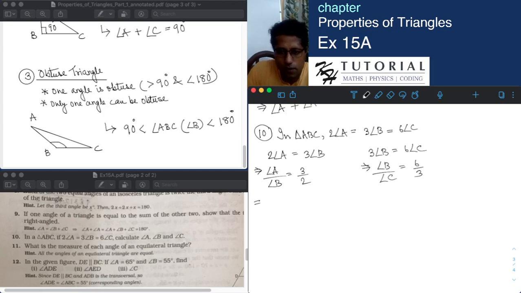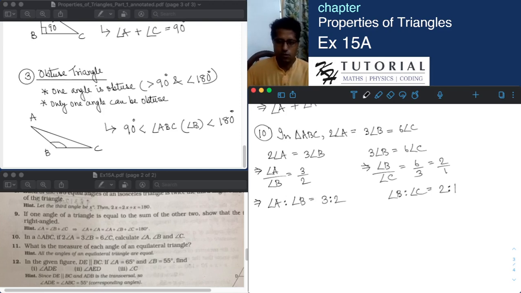Now over here we can say that angle A is to angle B is equal to 3 is to 2. And over here the ratio of angle B and C is equal to 2 by 1. So this is 2 is to 1.